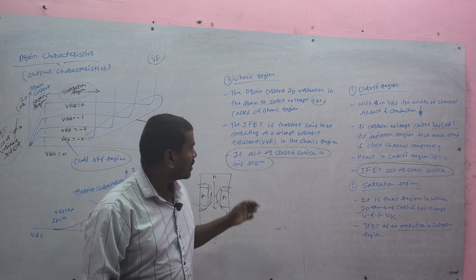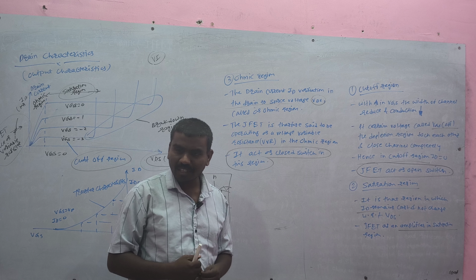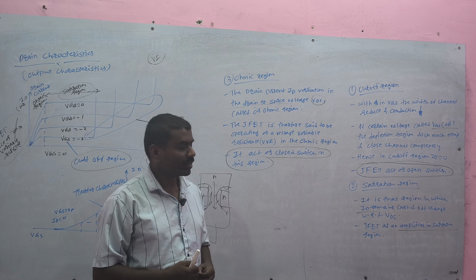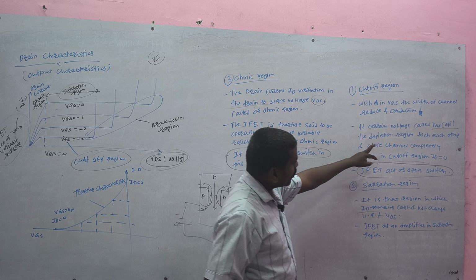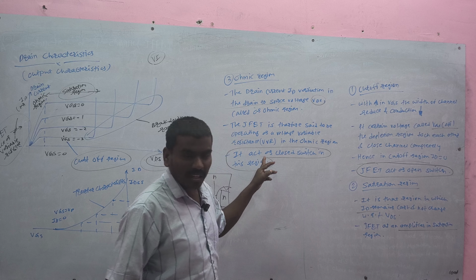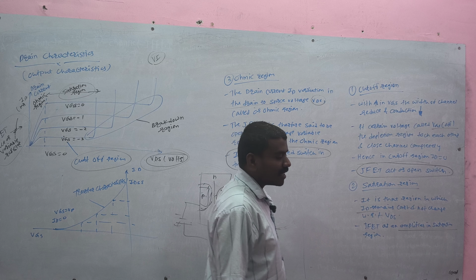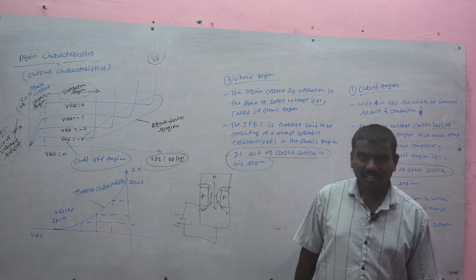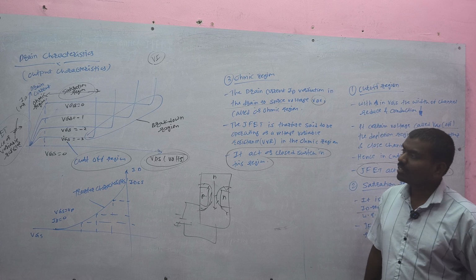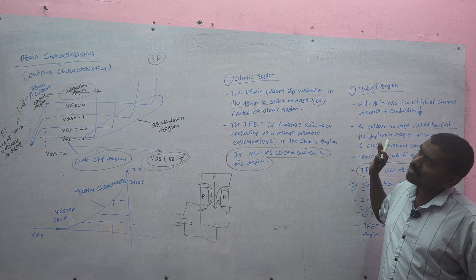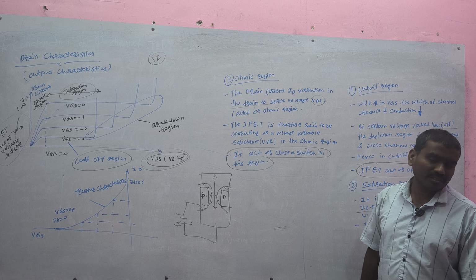Hence it acts as a closed switch, which means current flows directly through it. So here it acts as an open switch, here it acts as a closed switch, and in the saturation region it acts as an amplifier. So this is the drain characteristic of JFET.